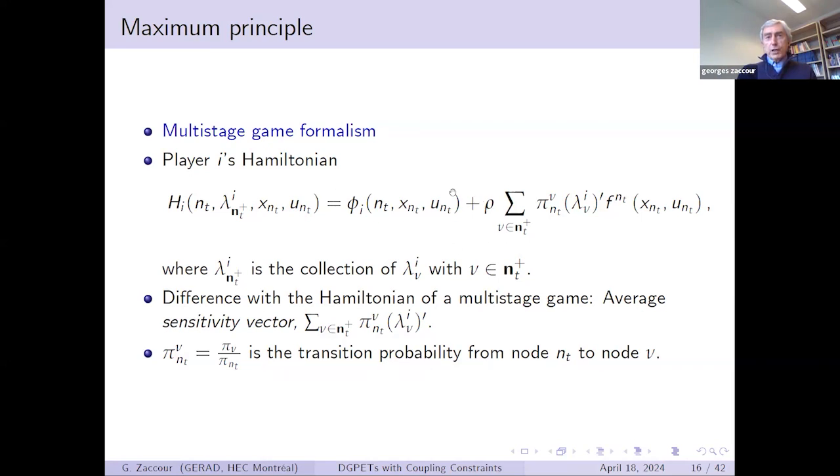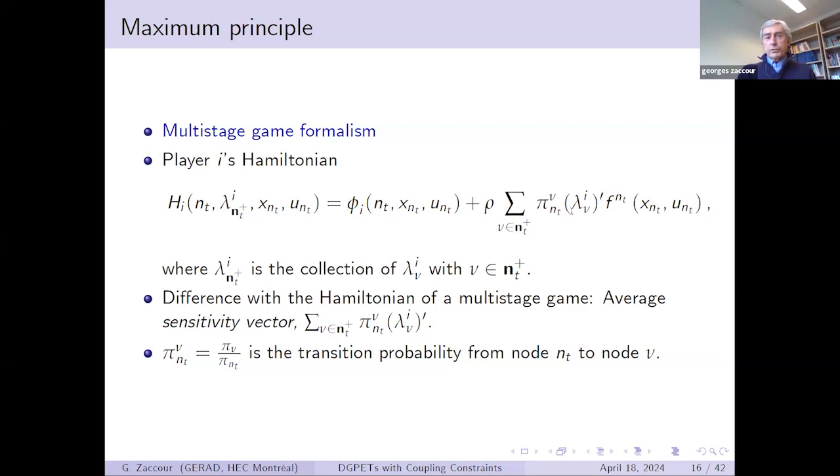So you have the instantaneous payoff at node NT plus rho, which is the discount factor. And here you have the summation over the nodes that belong to the successor set of this particular node. Here you have the right-hand side of the dynamics. This is the probability of each one of these nodes. And you have this vector.